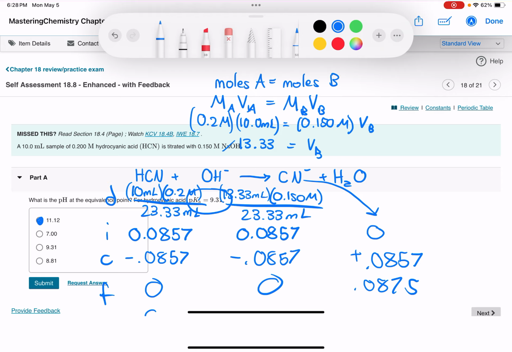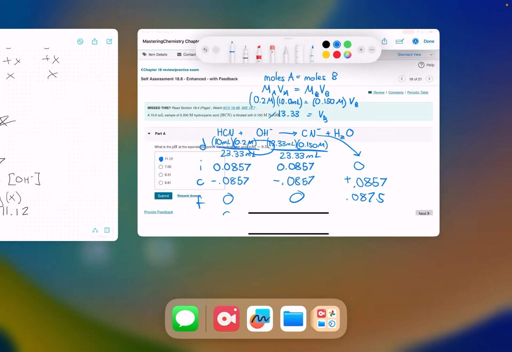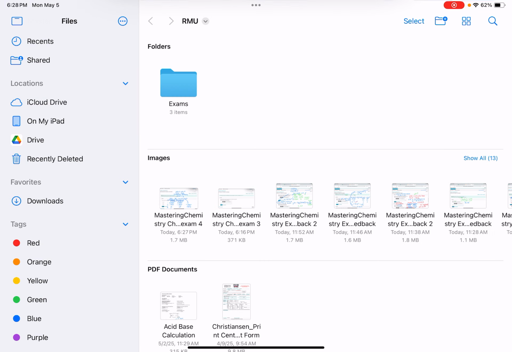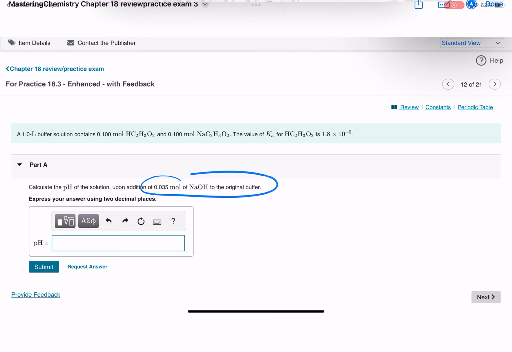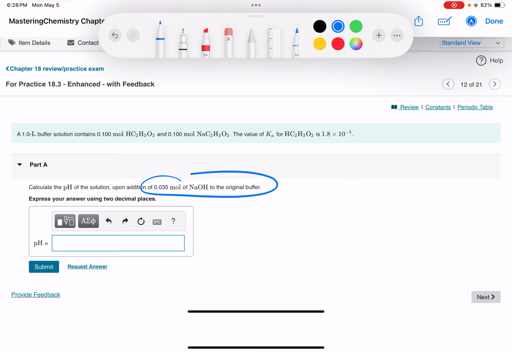Okay, next one was, this is 12, so the next one was 8. No, this is 18, sorry. Next one was 12. All right, you've got a 1 liter buffer solution and you add 0.035 moles. This one's actually kind of nice because you're adding moles, not a volume with a molarity.